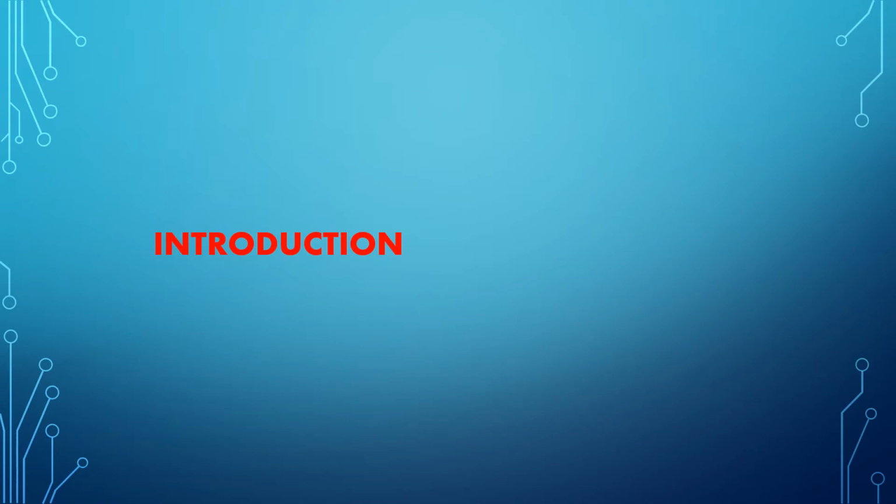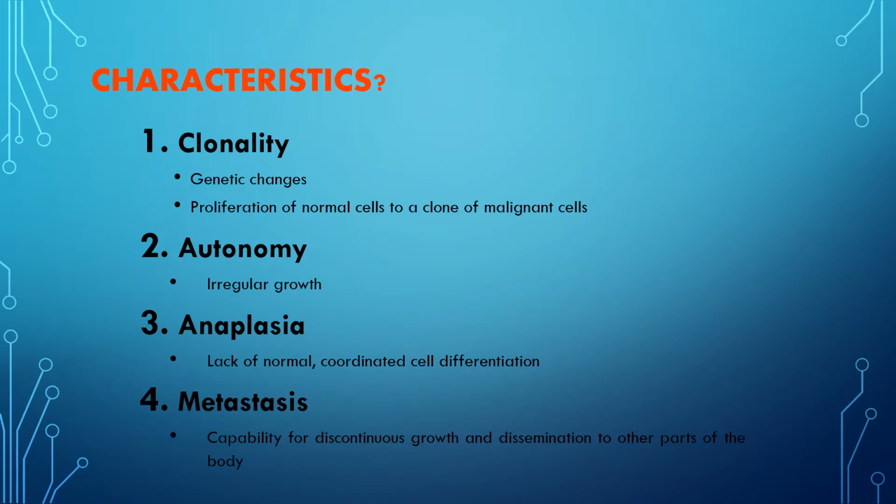Okay, as an introduction, we have the characteristics of oral cancers. It can be described as, one, clonality. What do you mean by clonality? Cancer originates from genetic changes in a single cell, which proliferates to form a clone of malignant cells.